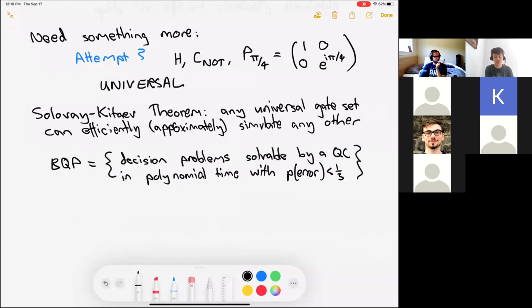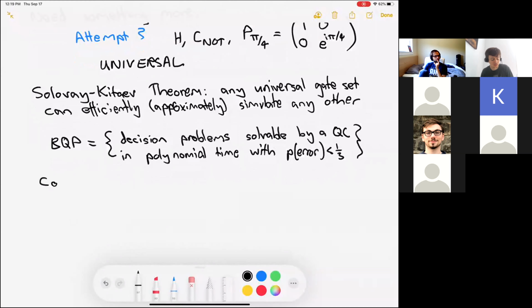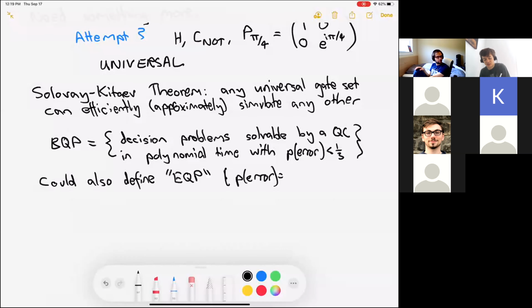Okay, so this is the quantum analog of the classical computing class BPP. You could also define what's sometimes called EQP, exact quantum polynomial time, where we're not allowed any errors, things have to be solved exactly.